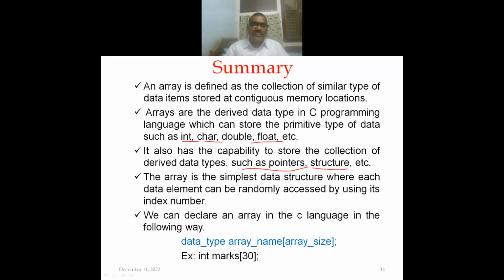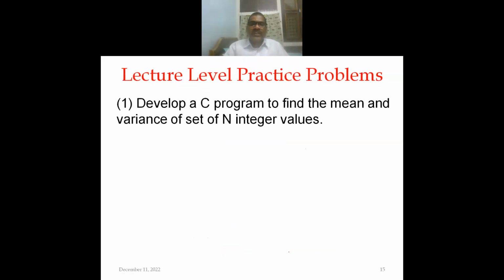So the array is the simplest data structure where each element can be randomly accessed by using its subscript or index number. And we can declare an array in the C language by the syntax: data type, then array name, after that the size of the array. Fine. So this is the summary of today's session.